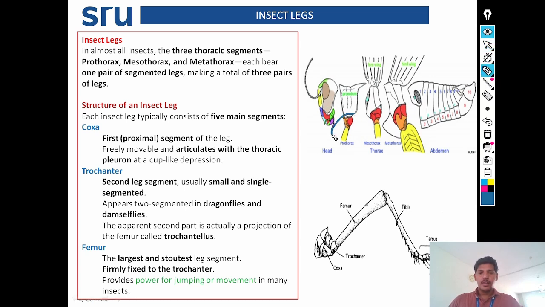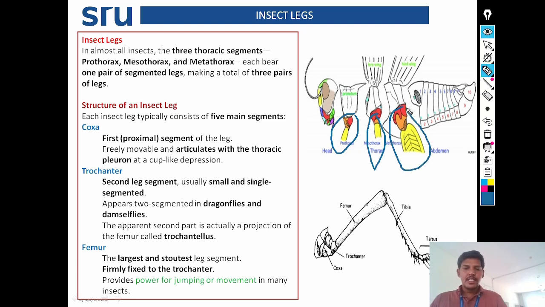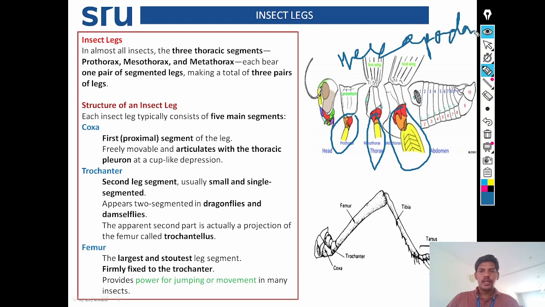That is, one pair in prothorax, second pair in mesothorax, and third pair in metathorax. So totally three pairs of legs, that is six legs, are there in almost all insects. That's why we placed the insect under class Hexapoda. Insects belong to the class Hexapoda or Insecta.